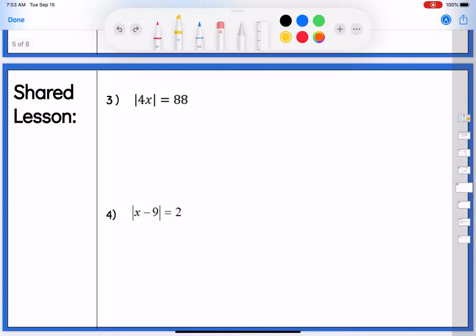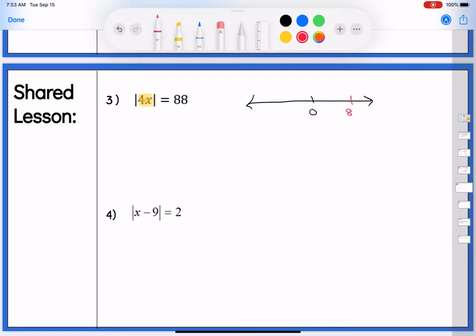I'm going to use a highlighter instead of that pen. So I need that this 4x, after I plug in for x, this 4x could turn into positive 88, to the right, or it could turn into negative 88 to the left. So again, I'm just going to jot this on a number line. You don't have to use the number line, but if it helps you, just visualize what's going on.